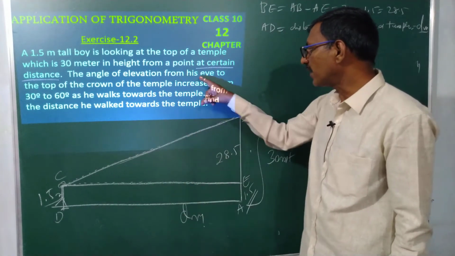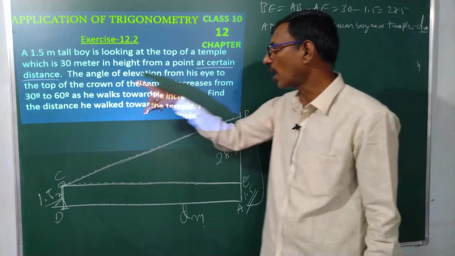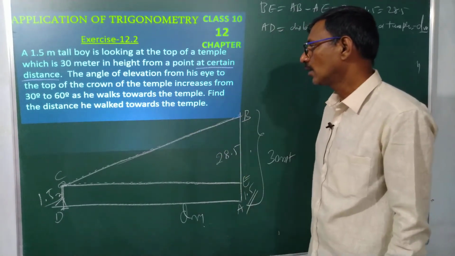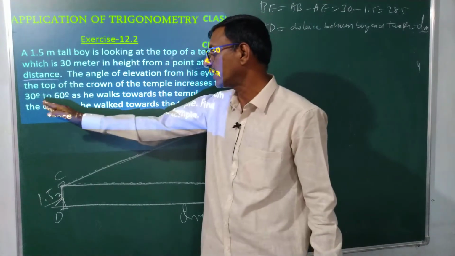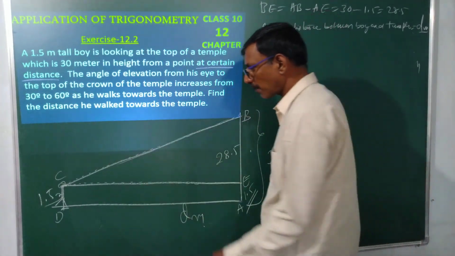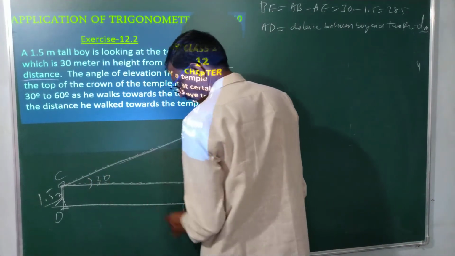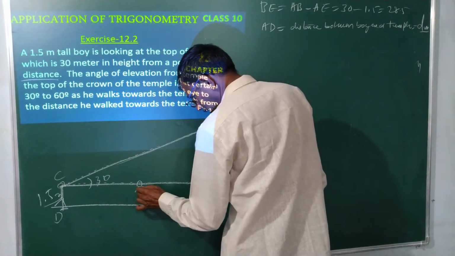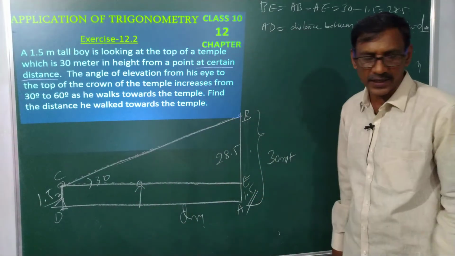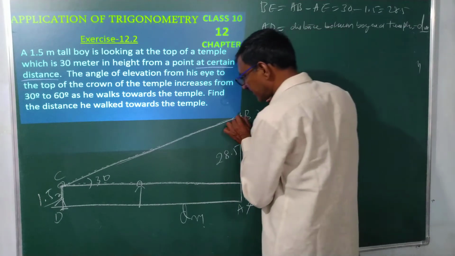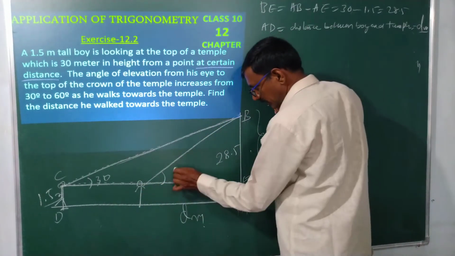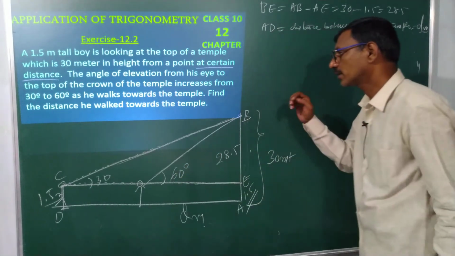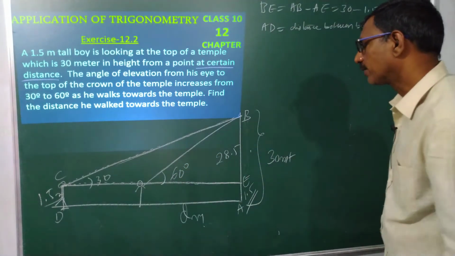The angle of elevation to the top of the temple increases from 30 degrees to 60 degrees. Suppose this is 30 degrees. He walks towards the temple and we observe the same top again, and this is 60 degrees.